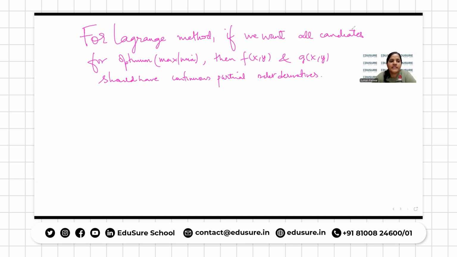Now, in this case, f of x,y was 2x plus 3y. So f_x equals 2 and f_y equals 3, they are constants, so they are continuous and differentiable also.